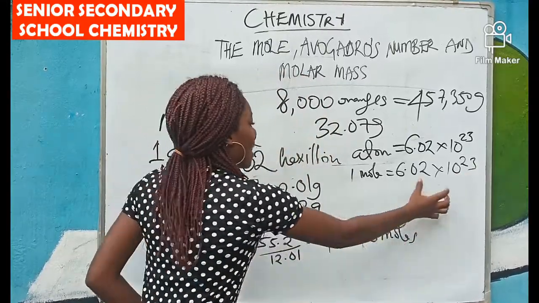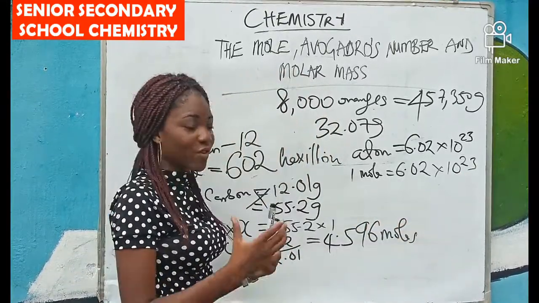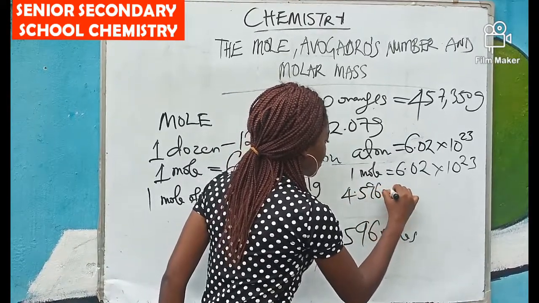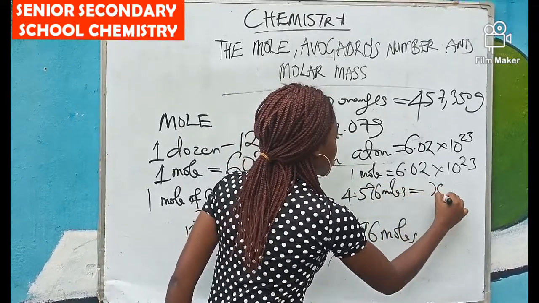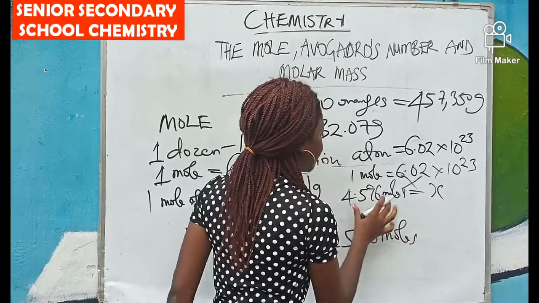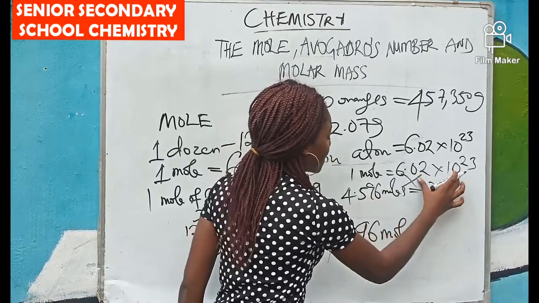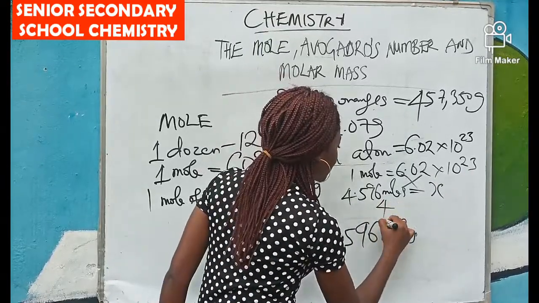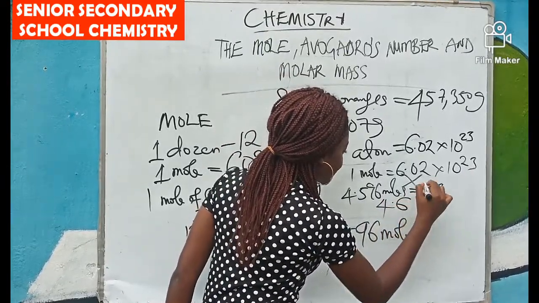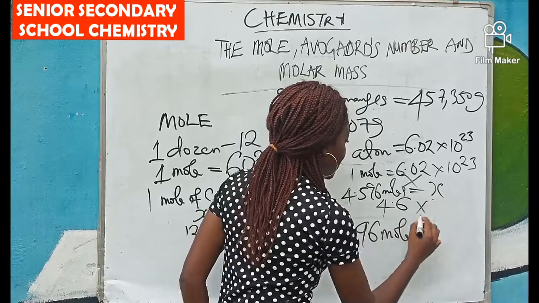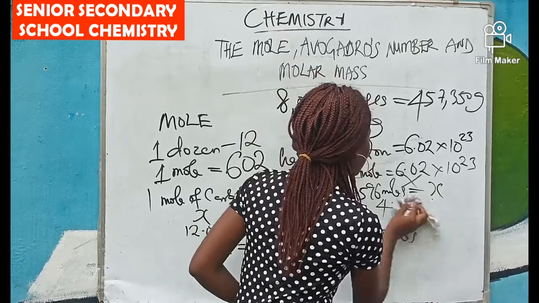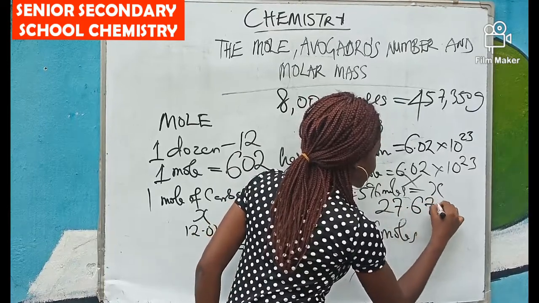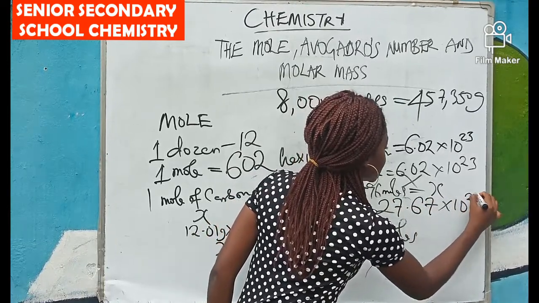Now, how many atoms of carbon is 4.596 mole going to give us? So when we cross multiply, we'll be having 4.596 multiplied by this. And our final answer should be around 27.67 times 10 raised to the power 23.